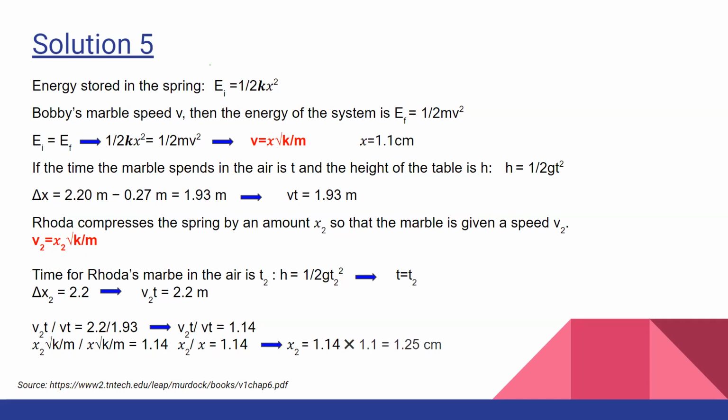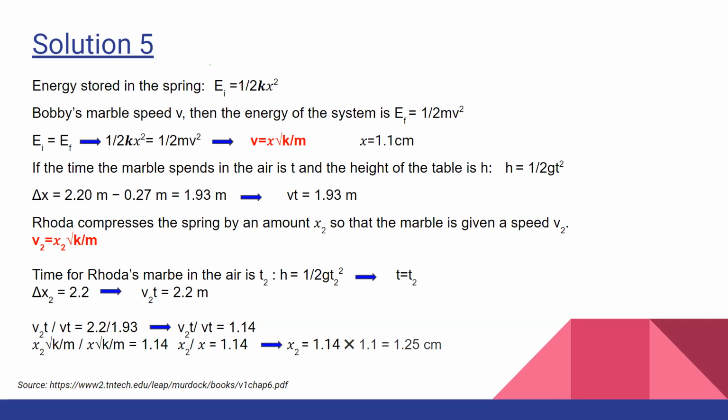Sorry, this is not energy, this is the formula for v. Because v2 over v is 1.14, you can say x2 times root k over m, over x times root k over m, is 1.14. These are just substitutions for v.